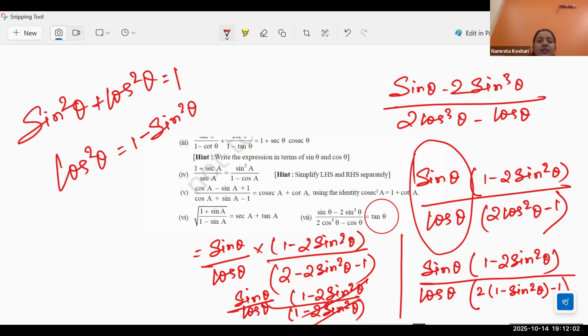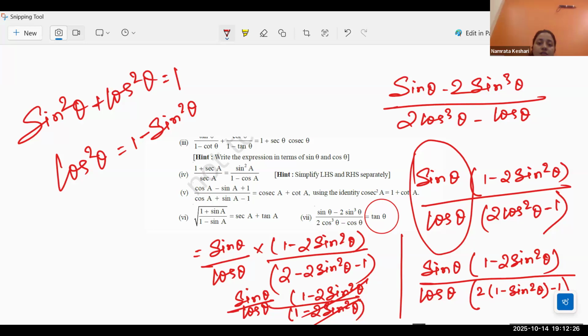Either maintain sine or maintain cos, it will cancel out each other. But while doing so, your simplification needs to be clear. If you make a mistake in the plus or minus sign while opening the bracket, then you won't be able to cancel it out.